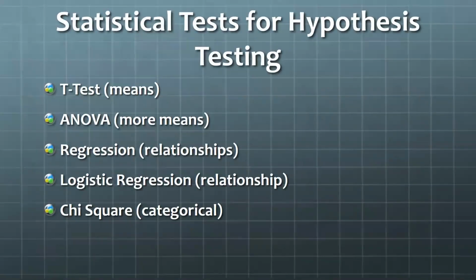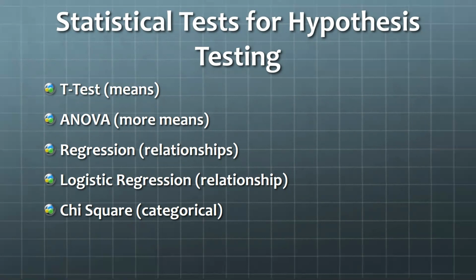All right, here we are looking at statistical tests for hypothesis testing. When we look at a t-test, we're looking at the difference between two means. When we look at ANOVA, it's 2 or more means. A regression tests a relationship, and so does a logistic regression, and a chi-square is used to look at relationships categorically.